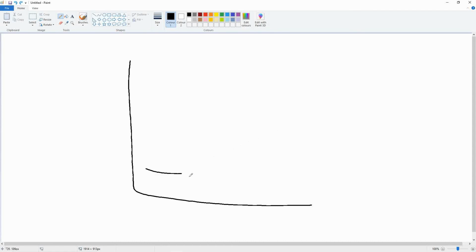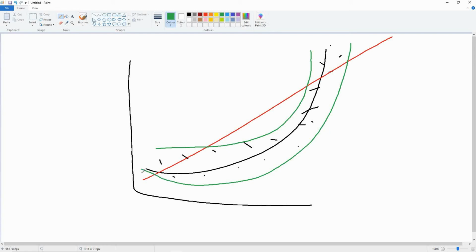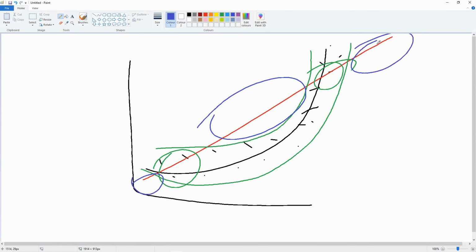So if we had the example before with all my data points looking like this, and I fit a line of best fit, my line of best fit's actually going to go straight through. If I draw boundaries around my data points, you can see that my line of best fit isn't going through many of my data points at all. It's going through this section and that section, but it's missing here, here, and up here.